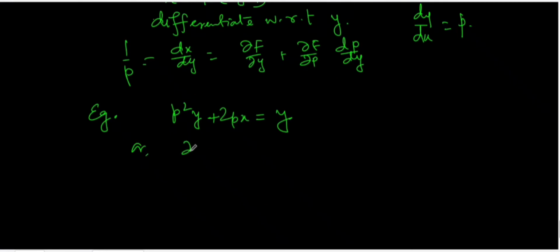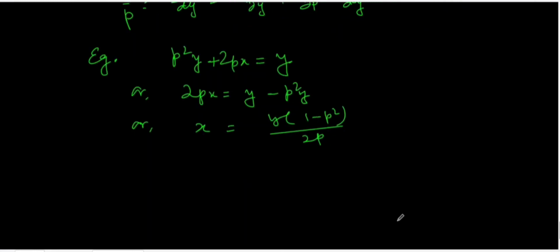So what we will do: 2px equals y minus p squared y. Divide by 2p, and we'll get x equals y upon 2p minus y times p upon 2. So dividing this equation by 2p, we get y times (1 minus p squared) upon 2p.